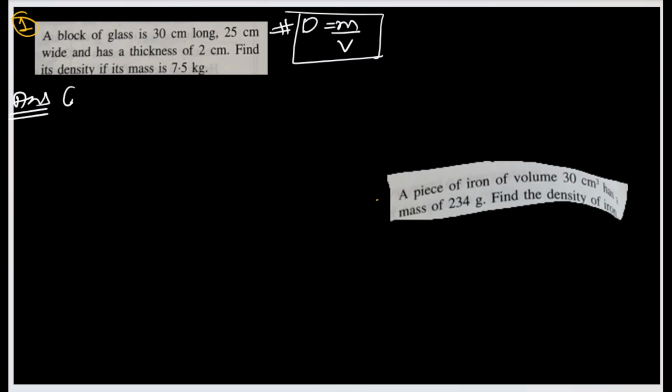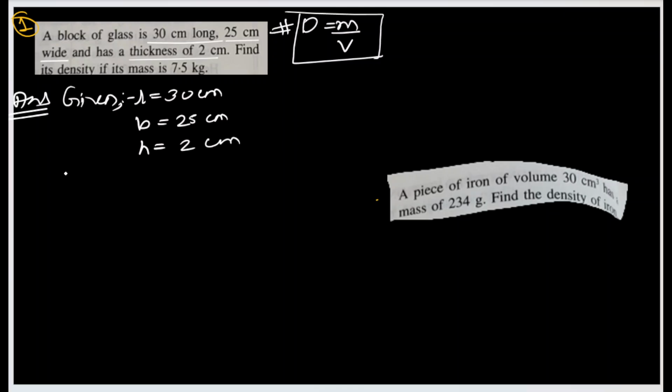So first, as usual, what are the given values we have? 30 centimeter long, 25 centimeter wide, and thickness is 2 centimeters. So we can write L is 30 centimeter, breadth is 25 centimeter, and height we can consider as the thickness, 2 centimeter.